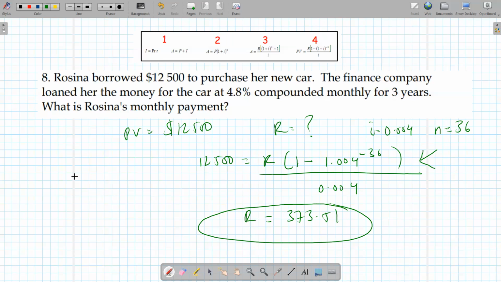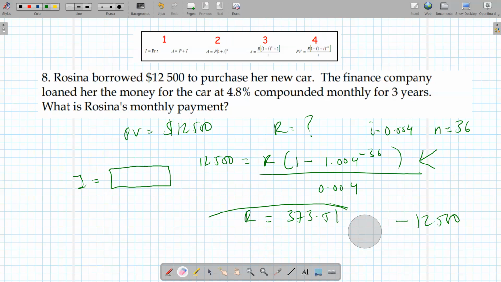Okay. Can you tell me how much interest did she pay over 3 years? Do I subtract that from 12,500? Just 373? No, you do subtract. You're going to subtract 12,500 from something. So she's paying this amount, right? How often does she pay it?